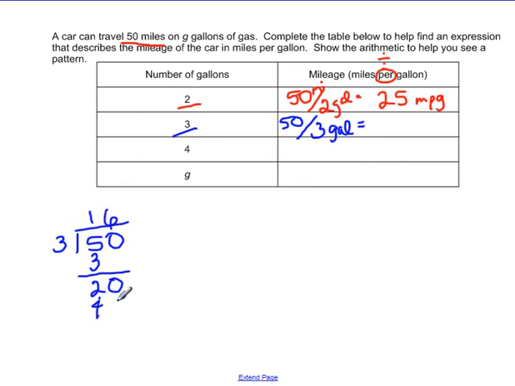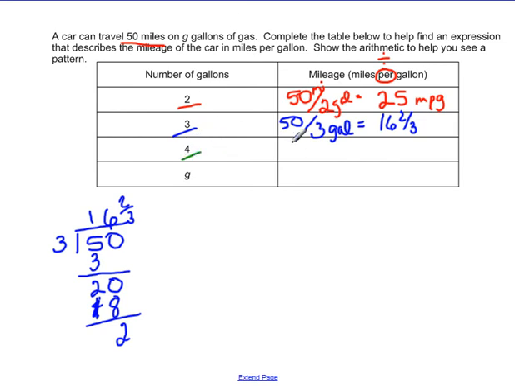So that gives me, there's my 18. And that gives me 2. And so 16 and 2/3. So that means I could go 16 and 2/3 miles on every gallon if it took me 3 gallons to go 50 miles. Well, now let's try it for 4 gallons.